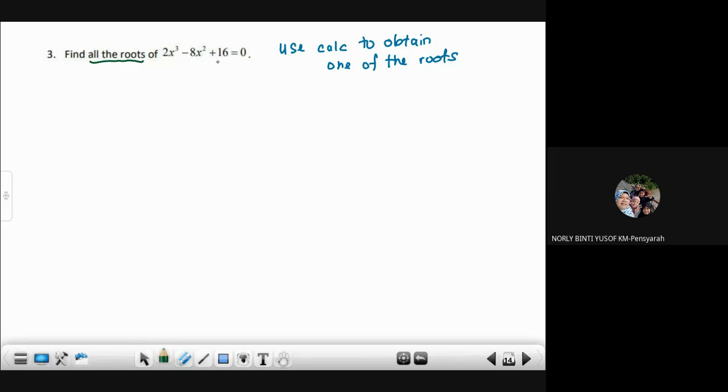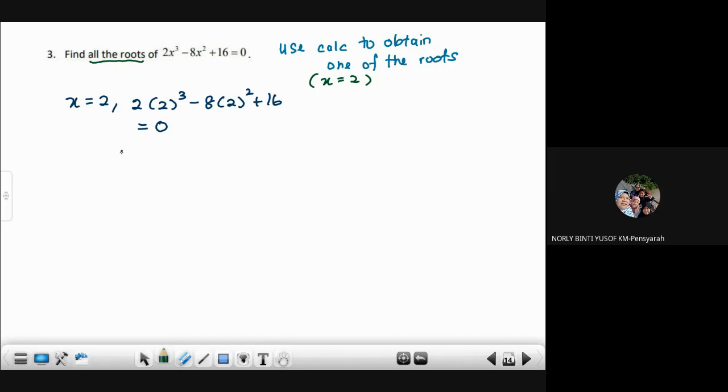B, C tak ada, kosong, D 16. C tu adalah X sahaja, X tu kosong, 16 tu D. So nanti dekat kalkulator you akan dapat first root you adalah 2. So bila guna kalkulator tu dah dapat 2, check dulu roots tu. X equals to 2, check dulu 2 tu adalah zero polinomial. Kena tunjuk lah. You substitute balik dalam equation tu, you dapat kosong.